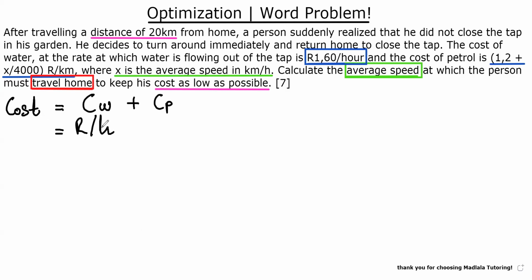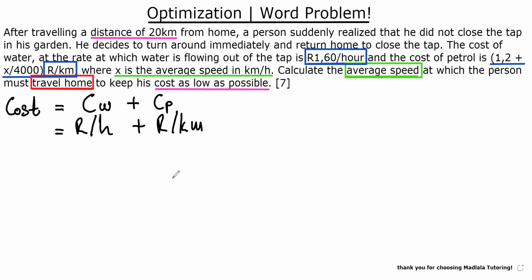And of course, we understand that the hour is just the time. Okay, that's fine. But now if we get to this one, the cost for petrol, well, here we realize that this cost is given to us as a rate as well, but it's in rands per kilometer.